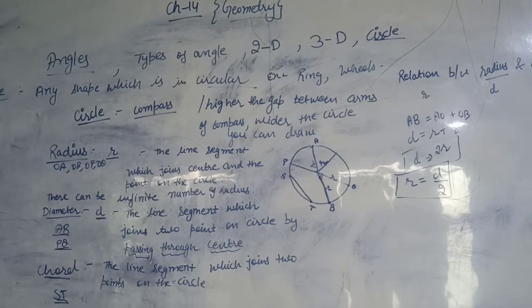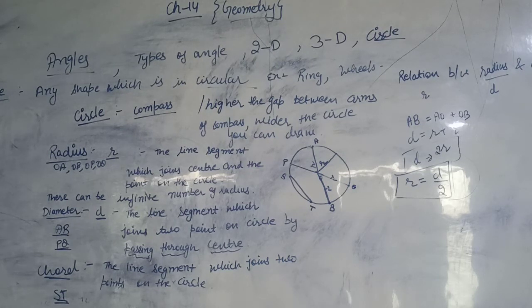So chord is the line segment which joins 2 points on the circle. Right? So here we have discussed 3 topics in the circle. First one, radius: the line segment which joins center and the point on the circle. And learn also that there can be infinite number of radius.